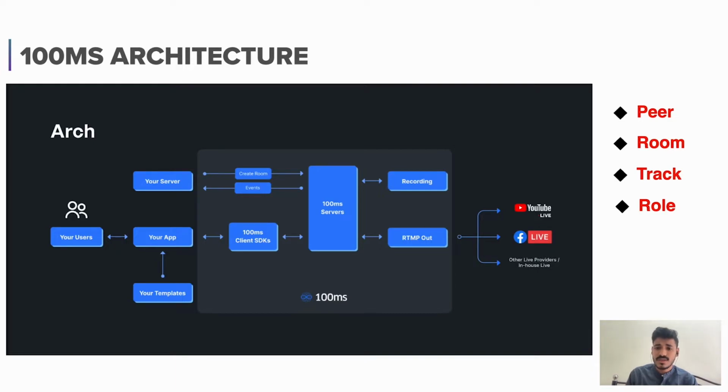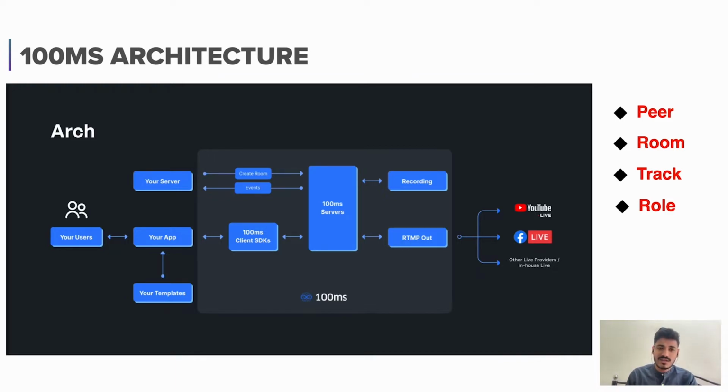For example, if a peer has joined the room with the role host, then he can speak in the room. But if another peer has joined the room with the role guest, then he can only listen to the speakers in the room. He can request the host to speak by raising his hand, and the host will approve it. Any application built using the 100ms SDK has two main components, client and server.